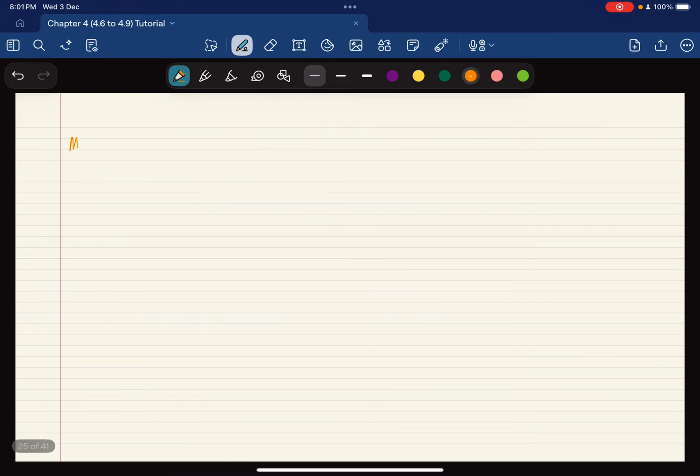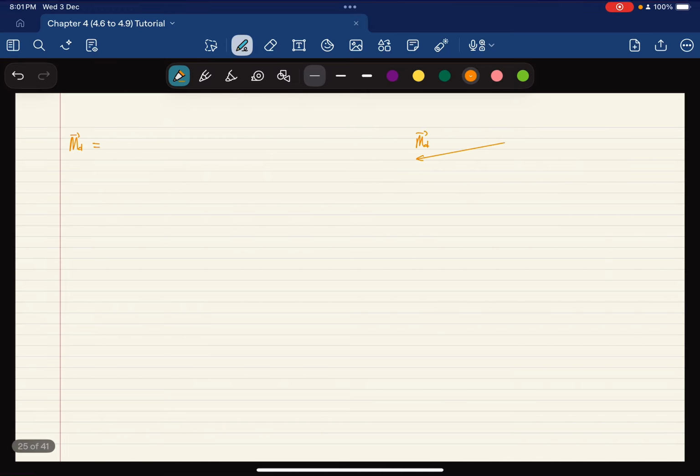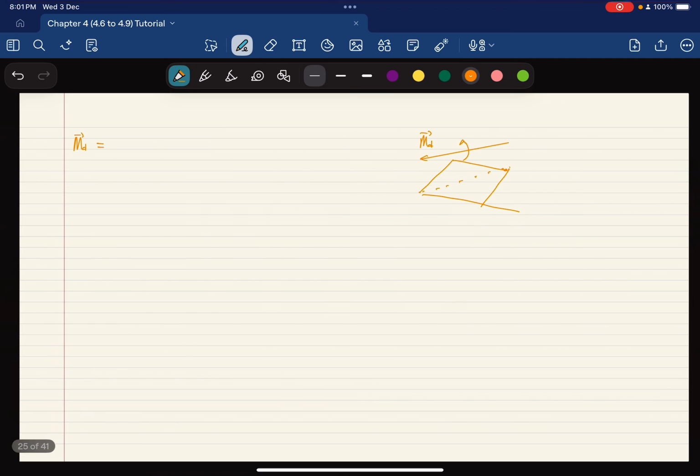So for the formulation of M4, it's a bit interesting because the vector is going like this. Your M4 vector is going on this circle right here, and it's parallel to this line right here, where it's basically 0.2 and 0.2.